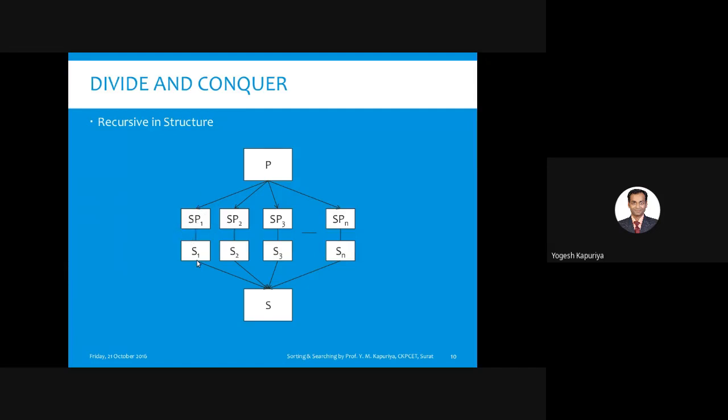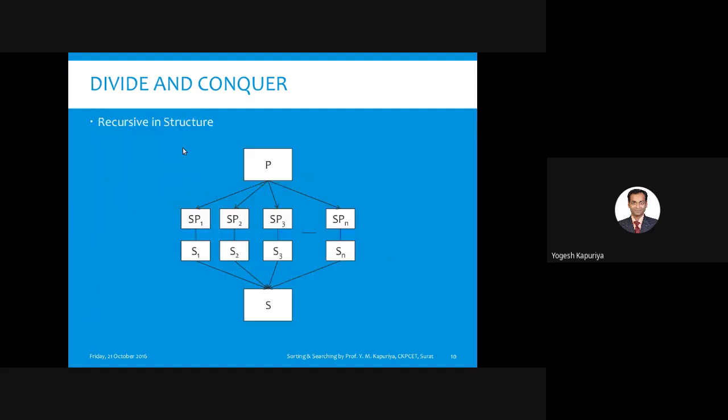Now these are all sorted, but still they are not the output, because what we want is all 100 elements sorted. What we have is 10 elements each which are sorted. So you require some mechanism by which you combine these results, and that will give you the ultimate sorted array, which is the output of P. So this is how this approach works.